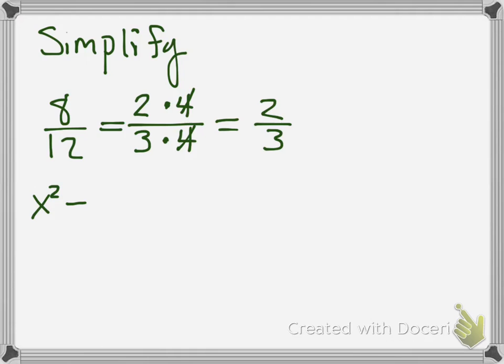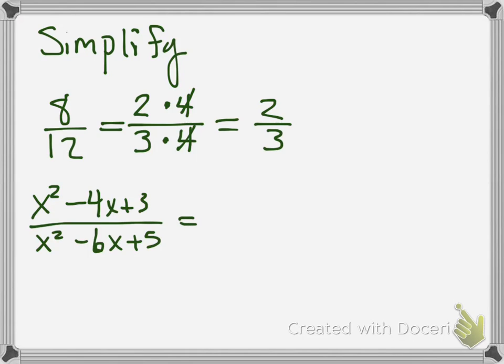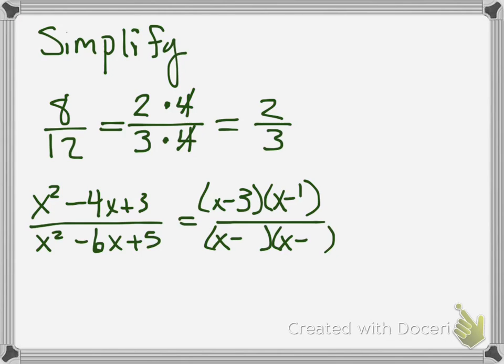You can do the same thing with polynomials. The idea here is that you got to first learn how to factor. You got to make sure you know how to factor. So you look at x squared minus 4x plus 3 and x squared minus 6x plus 5, and you can go, oh, hey, minus plus can be minus minus. x minus, x minus, and what two numbers multiply to give you 3 but add up to 4? Well, 3 and 1.